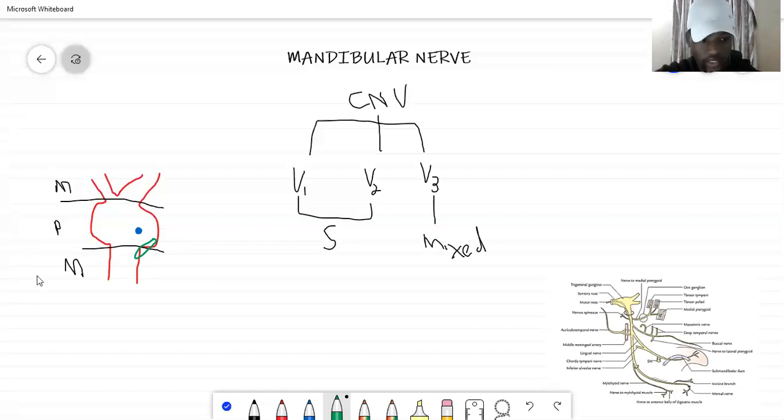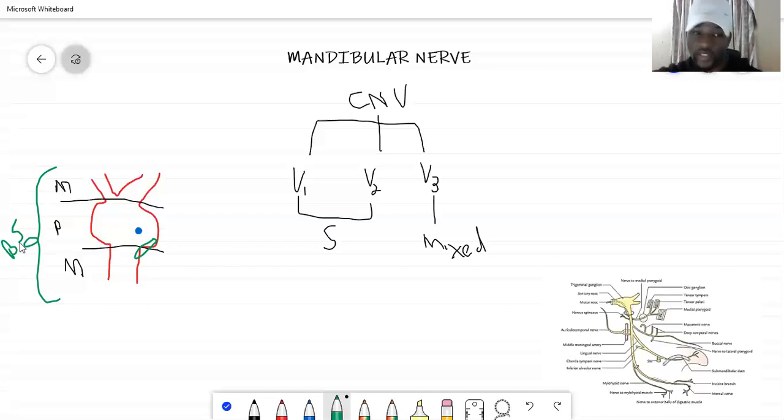Because all of this combined, the midbrain, the pons and the medulla, we call the brain stem, right? That's your brain stem. So with your sensory nuclei, it's like they're going all around the brain stem. They are not specifically on the pons, just like the motor nucleus is. But since this is neuroanatomy, you don't have to be specific.